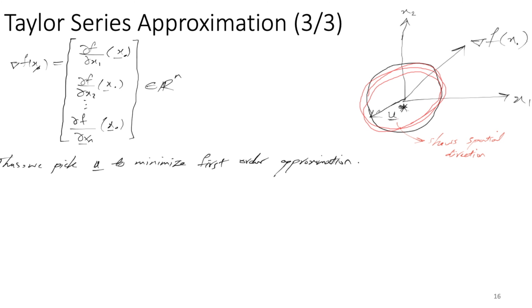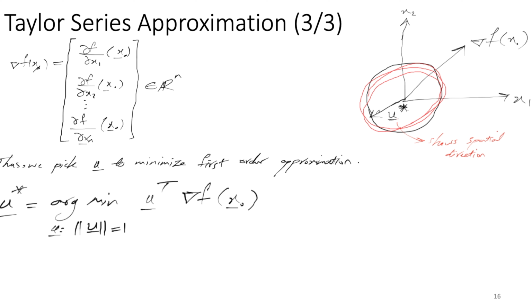All right, thus we pick the unit vector to minimize the first order approximation. And it would be equal to the norm, the real value of the gradient, divided by the norm, with a minus.